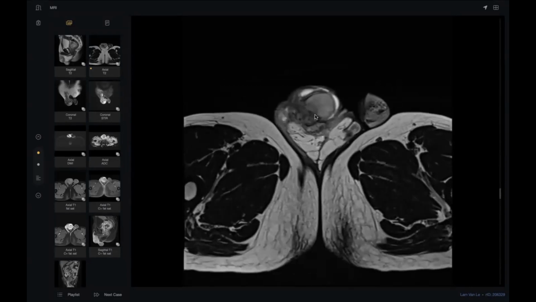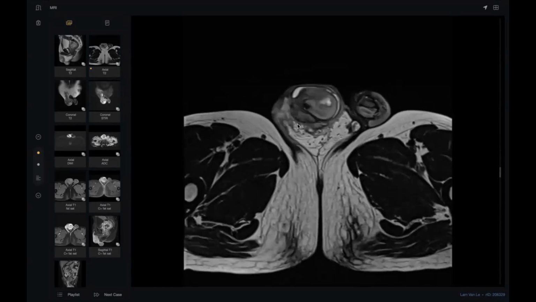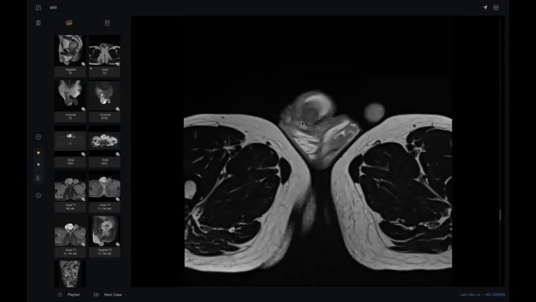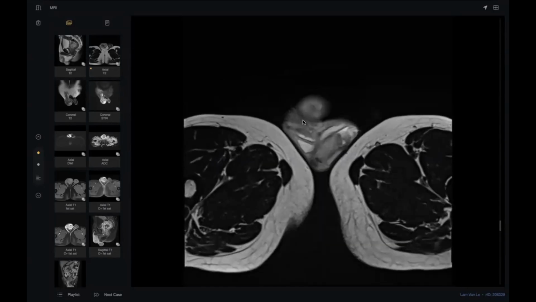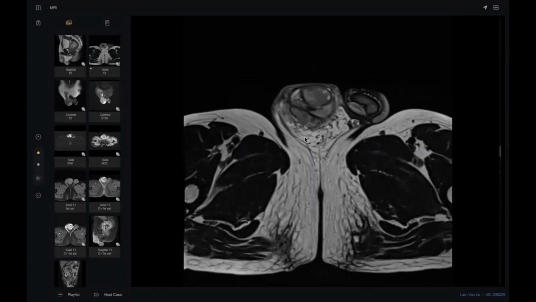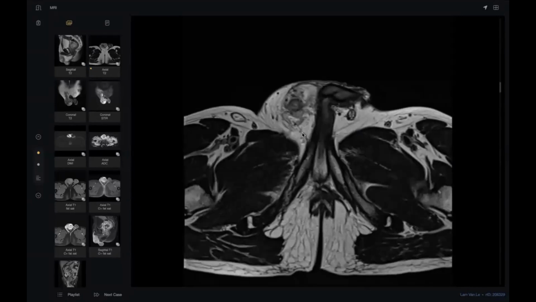There is a cystic structure surrounding the solid component, so it may be a small hydrocele. As the patient is 40 years old, the torsion of the testes is less likely because this usually occurs in younger age patients, but it can be a possibility.